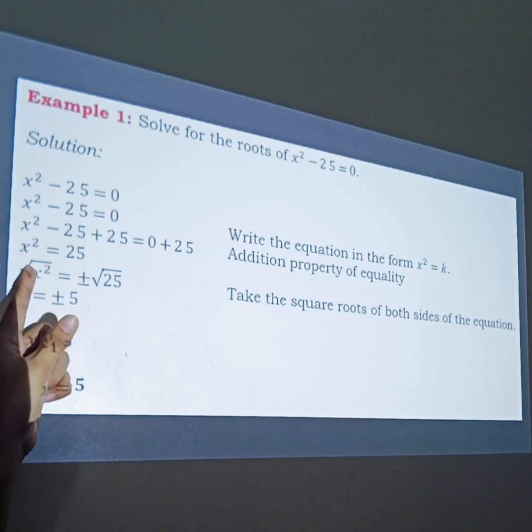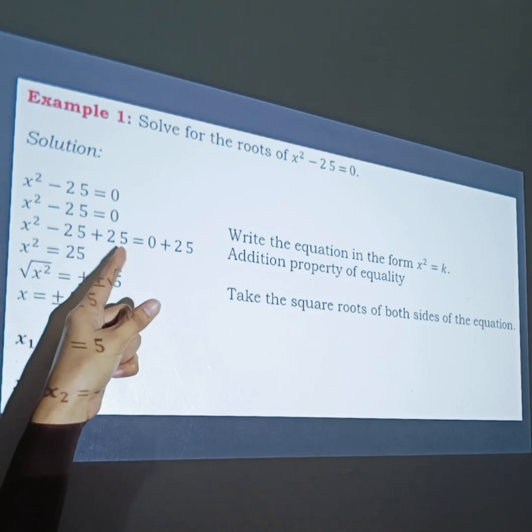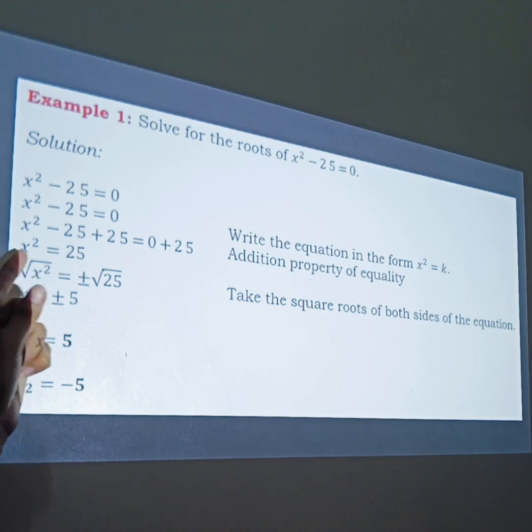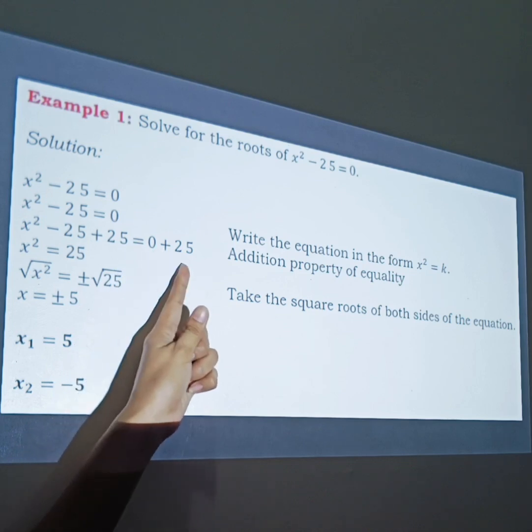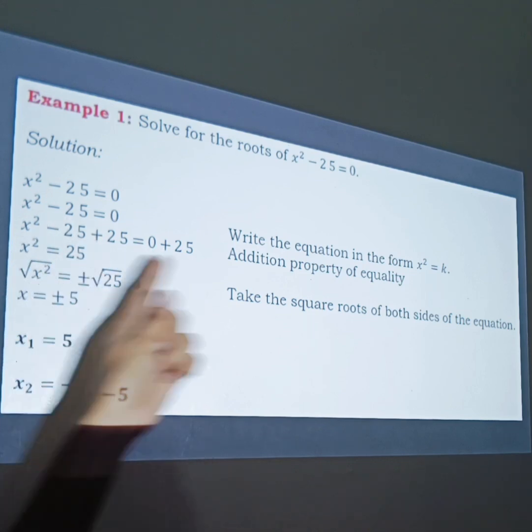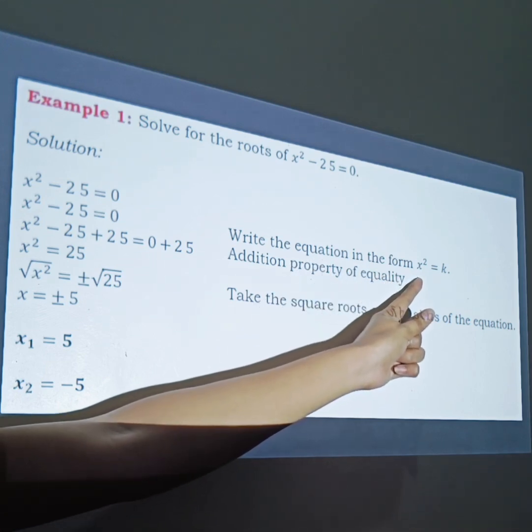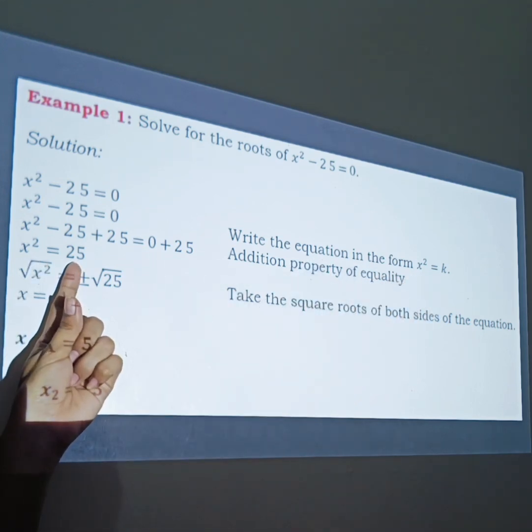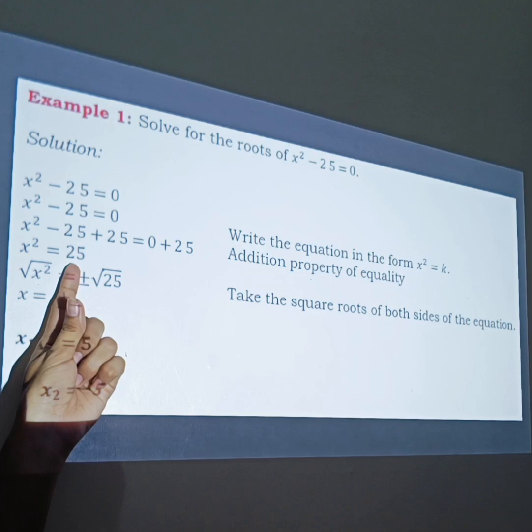So the answer will be x squared, because negative 25 plus 25 is 0. The remaining value on the left side will be x squared. And here, 0 plus 25 is equal to 25. So we now have the equation in the form x squared equals k, where our k is 25.